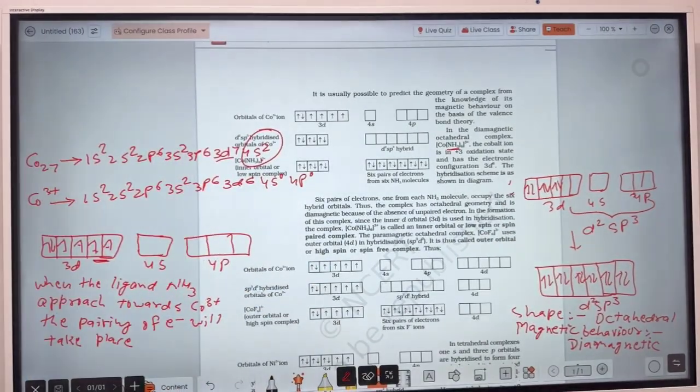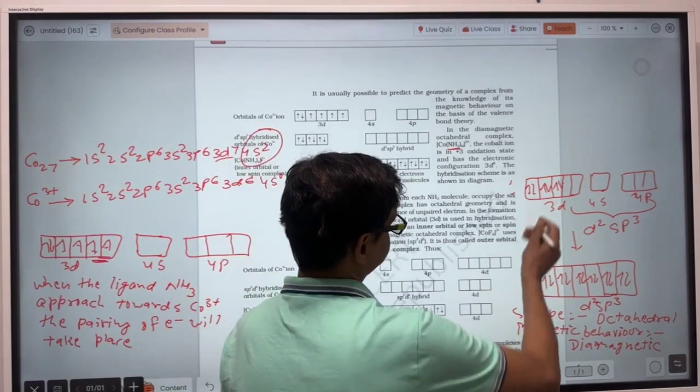Since the inner 3d orbital has participated in hybridization, the complex will be called inner orbital complex or low spin complex or spin paired complex.